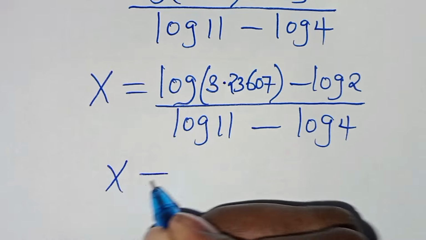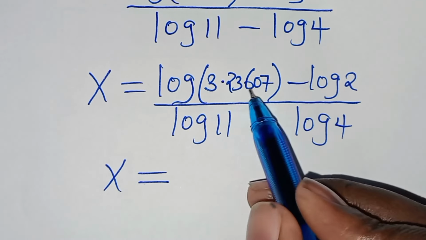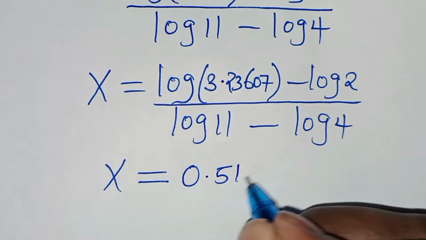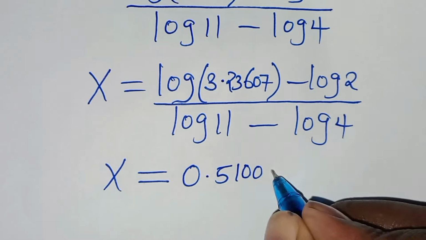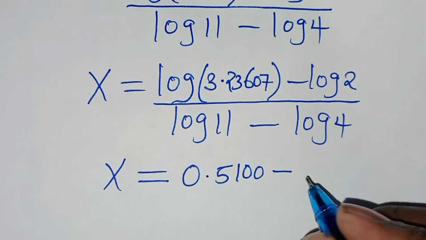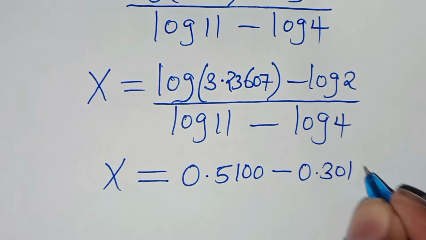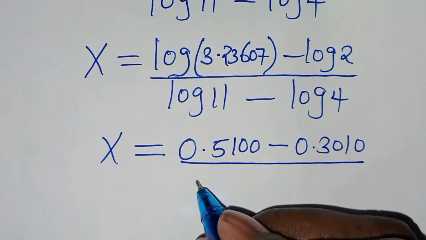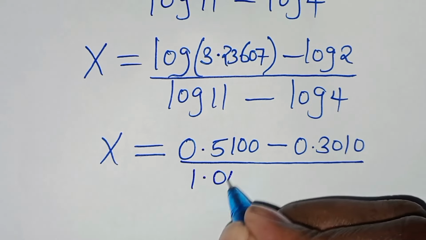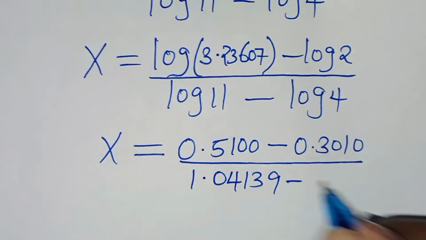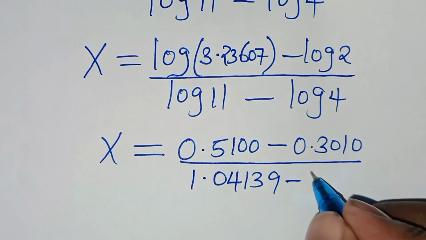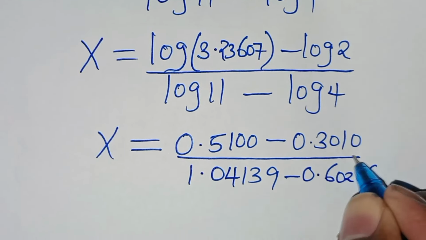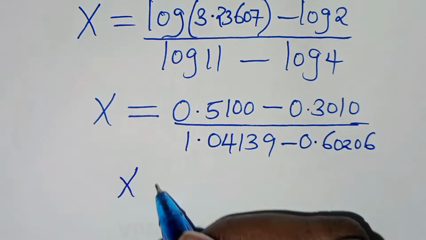So x is equal to log 3.23607, which is the same thing as 0.5100, subtract log 2, which is 0.3010, divided by log 11, which is 1.04139, subtract log 4, which is the same thing as 0.60206.